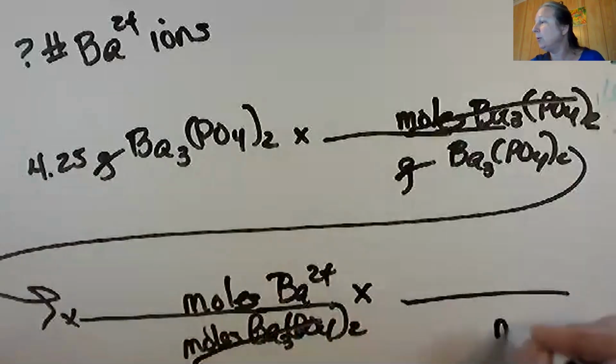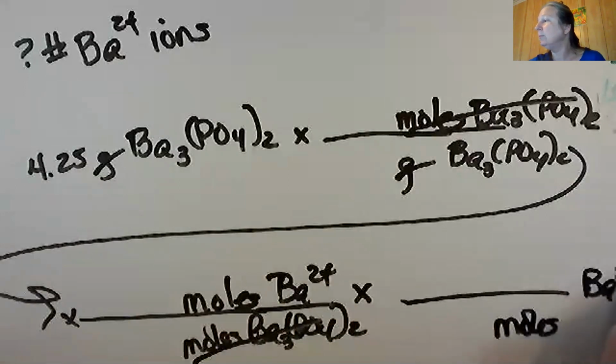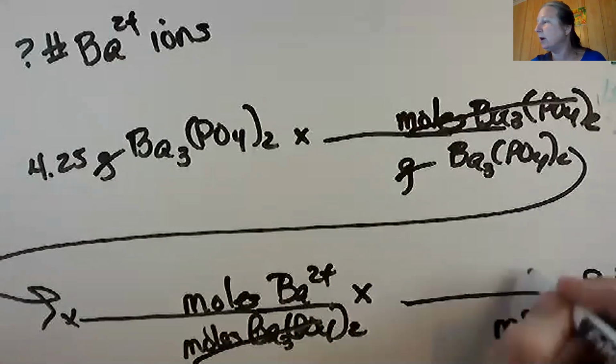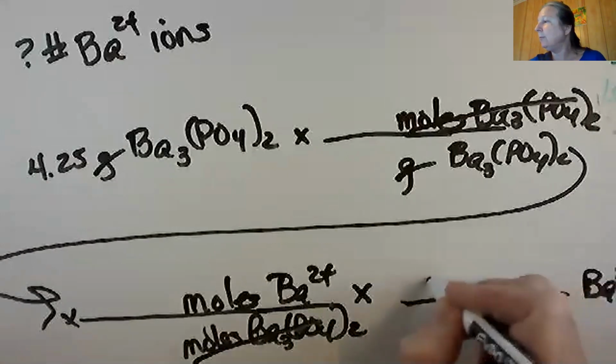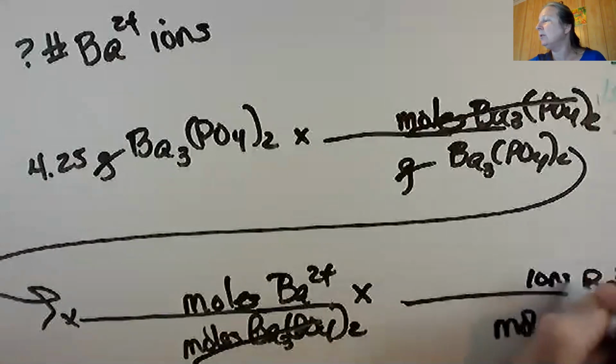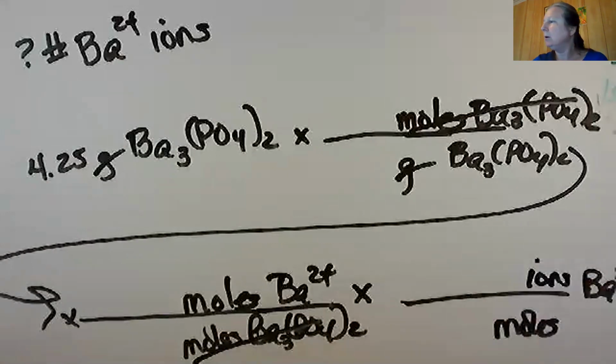So you put your moles, and here we're at the end point, so you can put the barium on the side. And then this is, well, I'll say ions as a placeholder. So this will cancel out my moles of barium, and it'll give us individual ions. I'll say number as my placeholder. All right, now let's put some numbers in. So the units all cancel out. It gets me where I want to go.